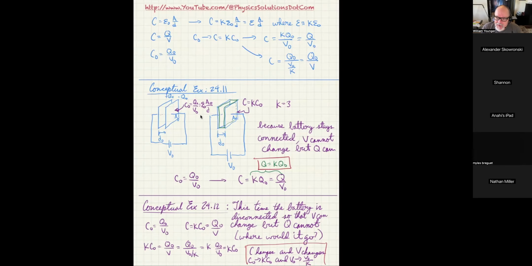So by putting that dielectric between the plates, you are in some sense decreasing the electric field strength to E0, the original electric field strength, over K. We're going to make use of that in the molecular description of it.